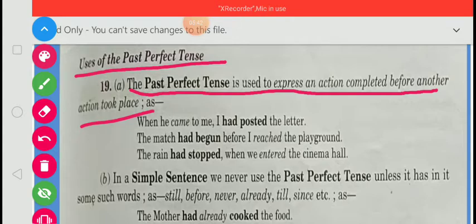We must keep it in mind. Mostly this tense is used in combination of past indefinite, that is simple past, and past perfect tense.